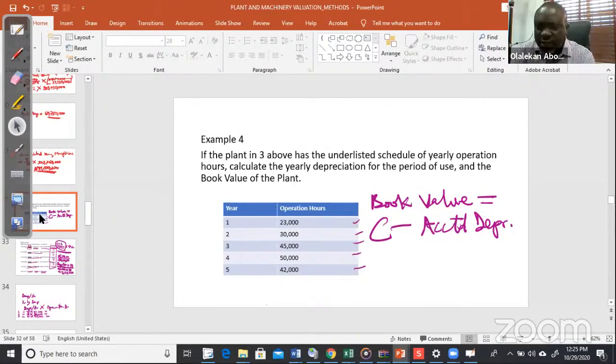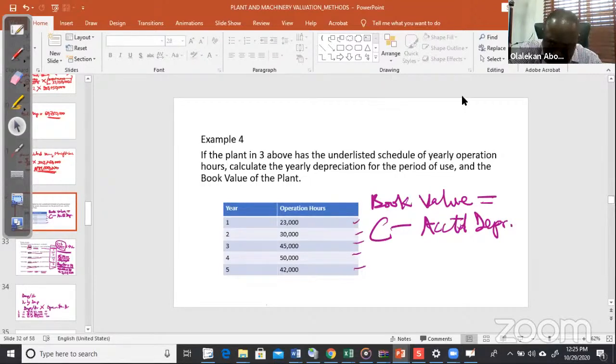The only difference is that instead of using hours, you are using productive units, unit of products. That relates to the capacity and your productivity. So I will explain that. I hope this one is okay. So let me go to unit of production.